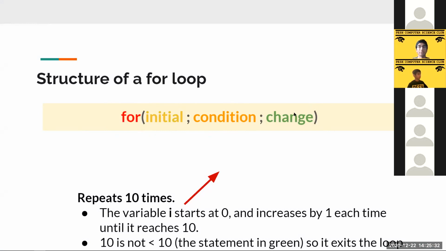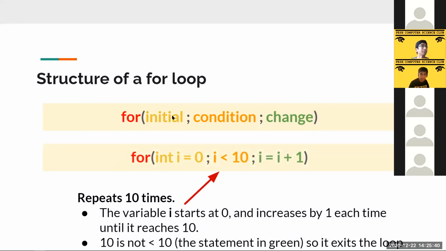And then you need a change that will change the initial variable. This will make more sense in a second. So the initial variable, let's call it i, and it's usually an int. So let's say int i, we initialize it as 0. I think Madhu talked about initialization and declaration. We're initializing i to 0.